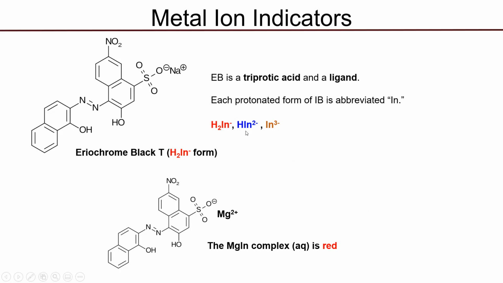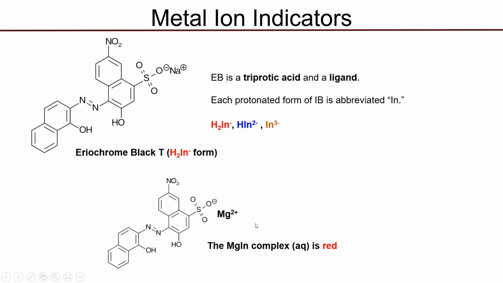So even though the indicator by itself at pH 9 to 10 is blue, the metal ligand complex that it participates in is red. So we have these competing factors in terms of experimental design where we want to see an obvious color change. Red to blue is in general a nice, obvious color change, although there's obviously a learning curve, as we saw with looking at the color change associated with EDTA titrations. But the indicator is one color. The metal ligand complex of the indicator is another color.